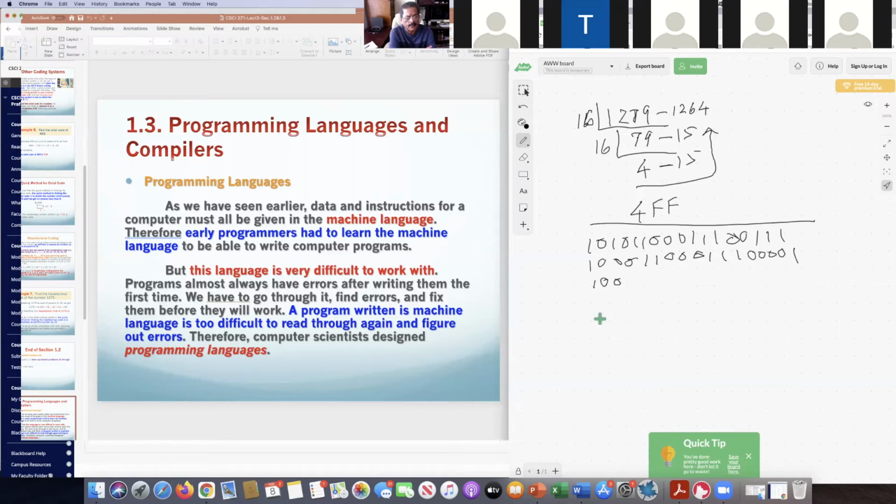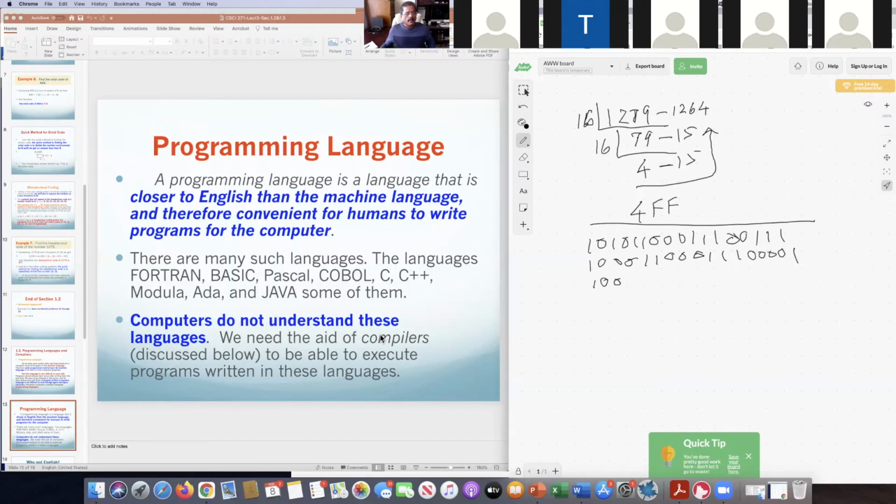What they decided to do was come up with a programming language. Instead of using machine language for programming, they came up with a programming language to write the program. They decided to design a programming language that would be closer to English. That way it'll be easier for us to work with.